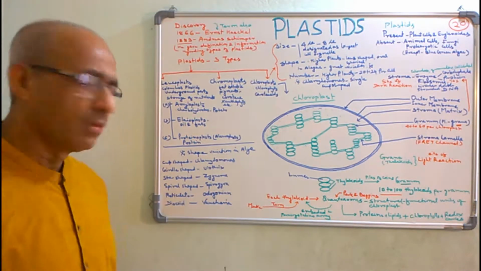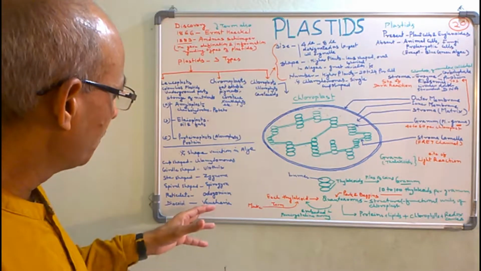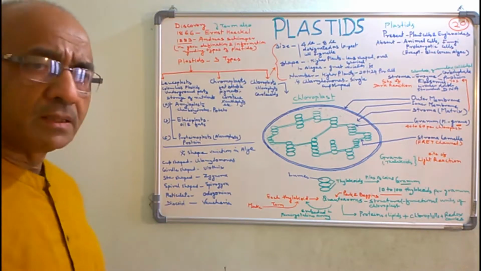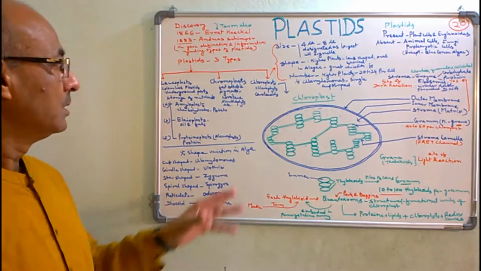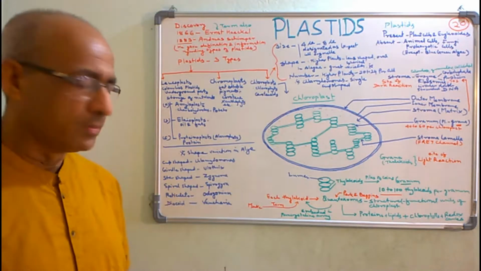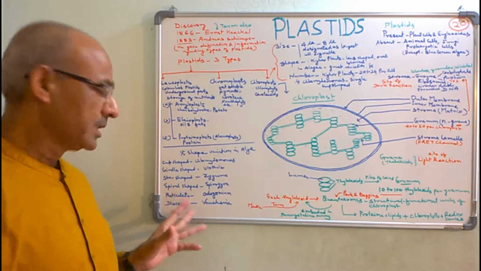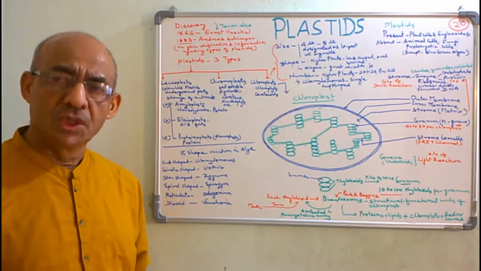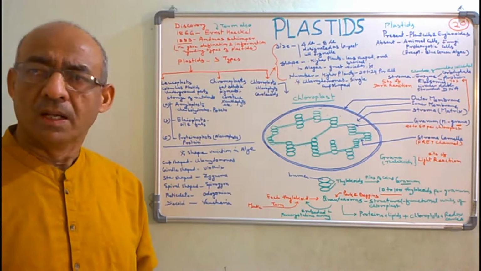They may be reticulate type. Example is Oedogonium. And they may be discoid shaped in the case of Vaucheria.